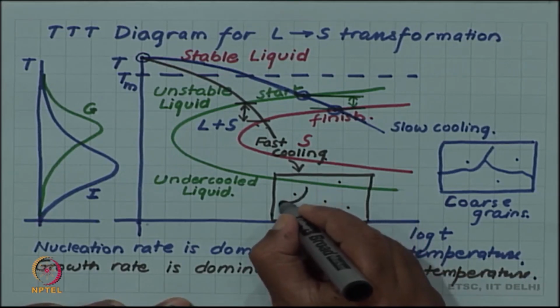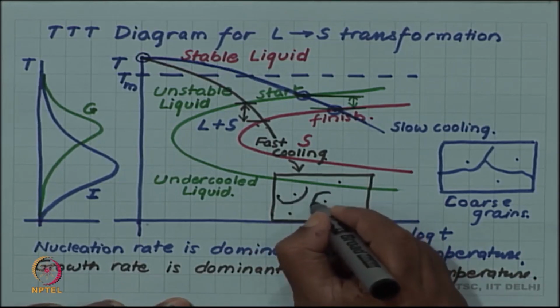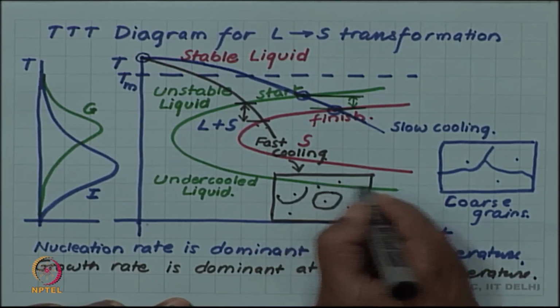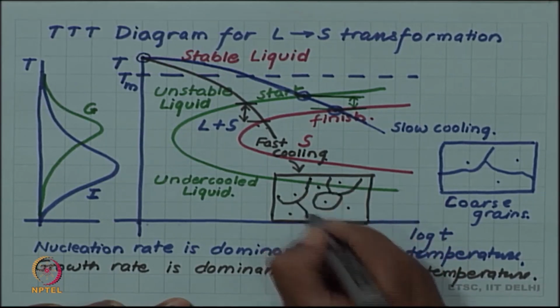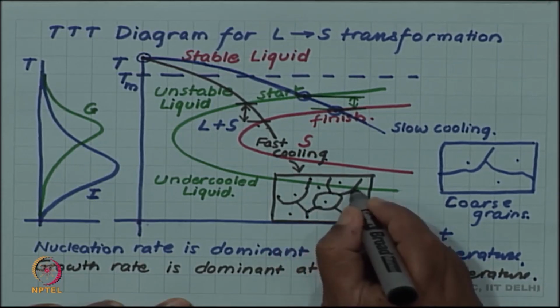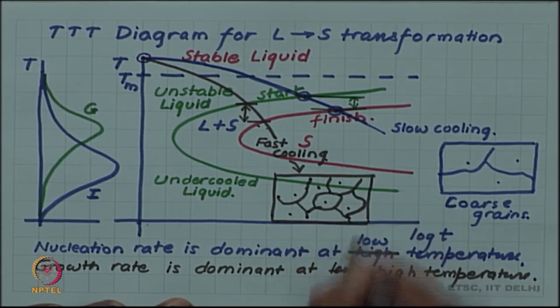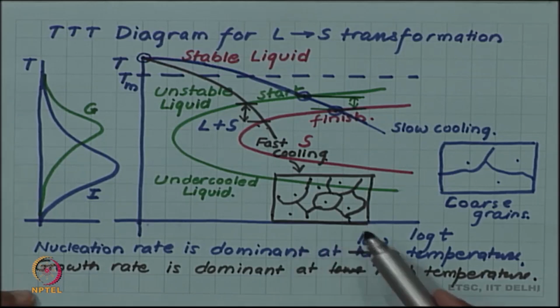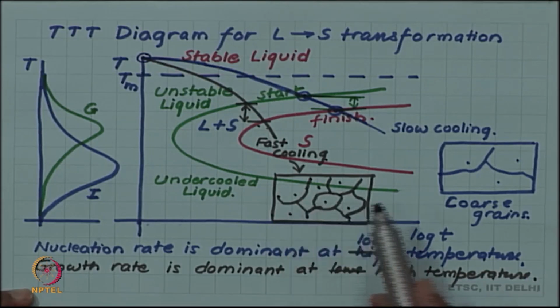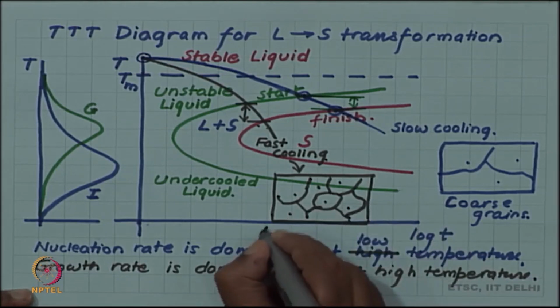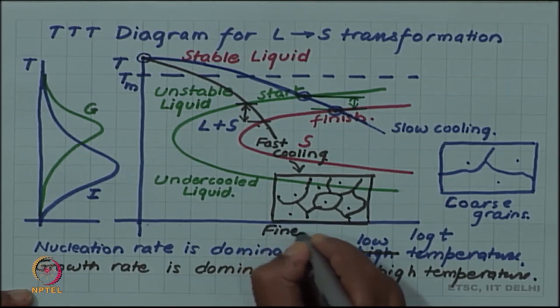So, they grow at a slower rate, and that provides even more time for further nucleation events to happen. So, in the end you will end up with many grains, because each nucleation event leads to one grain in the final structure. So, if the nucleation rate is high, you will end up with more grains, and since the total volume of the transforming material is the same, you will have a smaller grain size. So, we have finer grains.